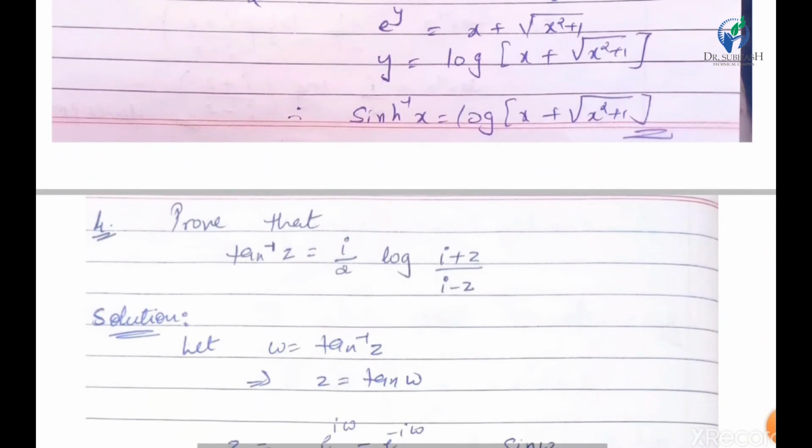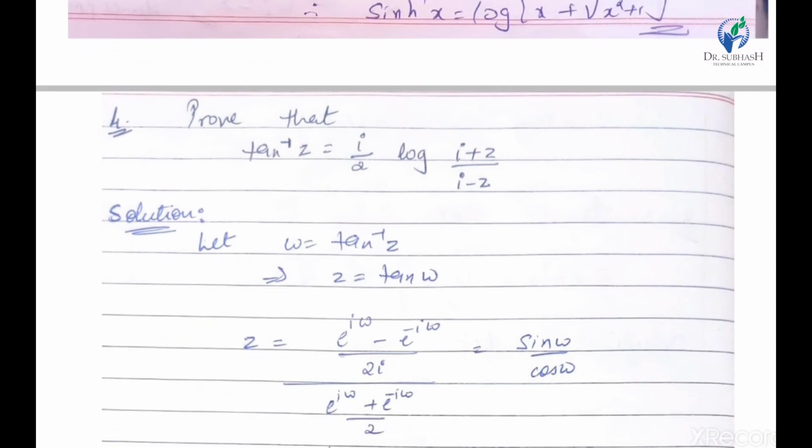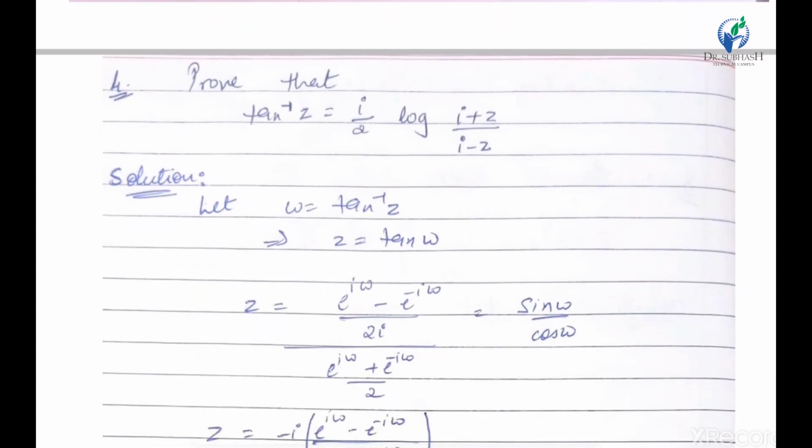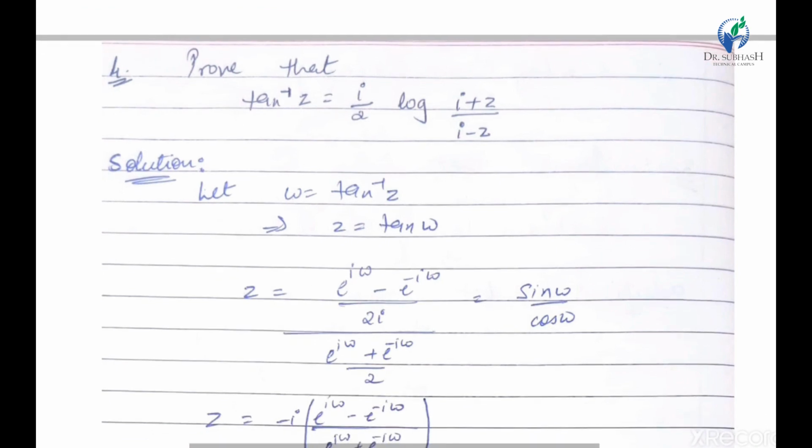So this was one of the proofs for sin hyperbolic x. We can also have such types of proofs for cosh x, tanh x and many more. Let us take one more example.